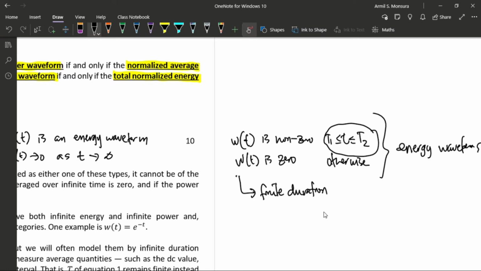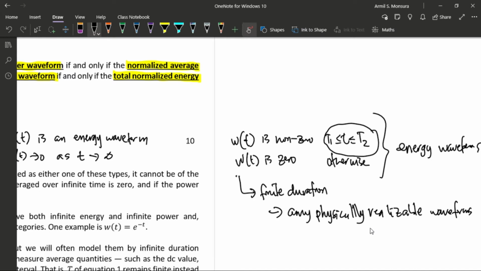And we observe that any physically realizable waveforms, so any waveforms that you can generate in the laboratory or using circuits or using computers, are of finite duration and therefore are energy waveforms. So practical waveforms are energy waveforms.